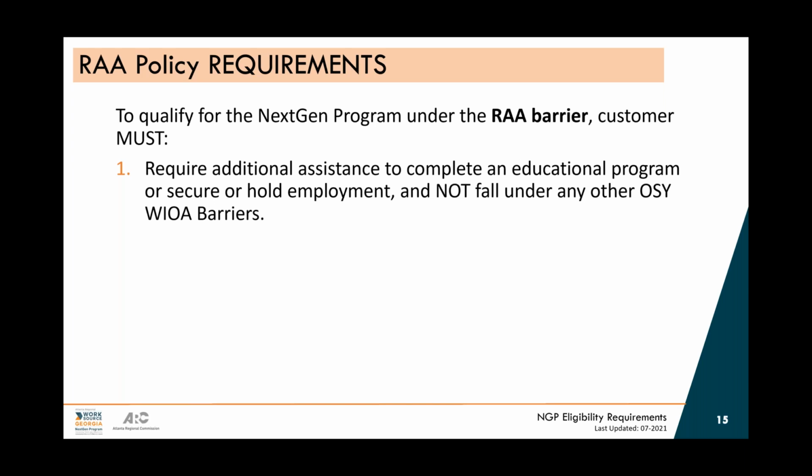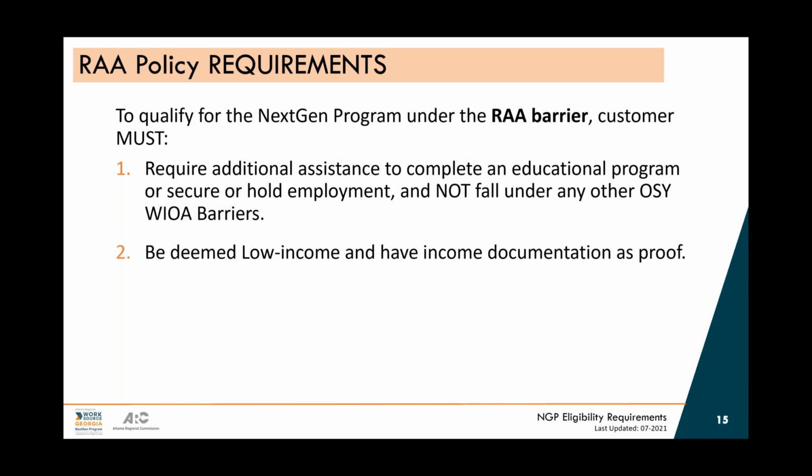That's why we only say requires additional assistance, because the full statement is very long, and we're really going to start calling it RAA because it's the RAA policy that you'll have to follow. So when you hear RAA, just know it means requires additional assistance to complete an educational program or secure or hold employment. But it's only if you don't fall under any of the other out-of-school youth barriers.